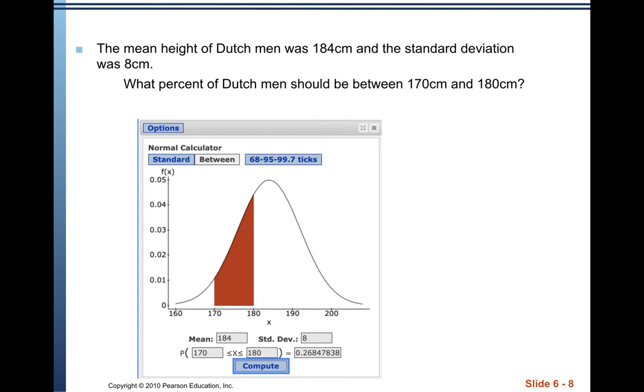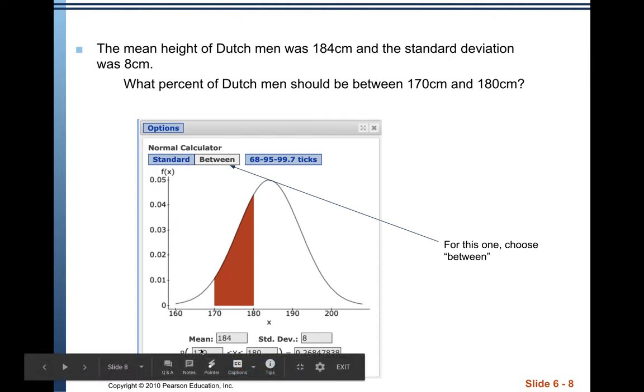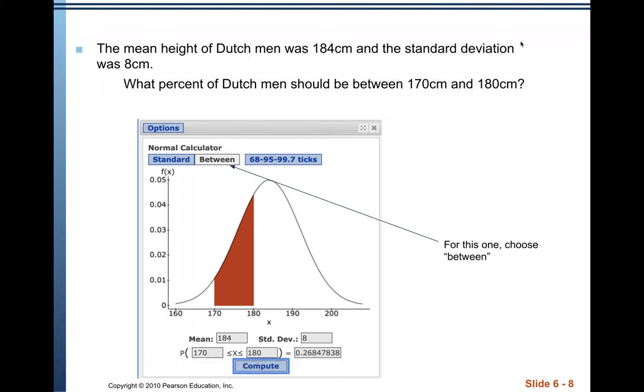When I go to stat, calculators, and normal, because it's asking for the percent that is within a range, I have to click on the tab that says between. When I click on that tab, this comes up down here, so I can type in between 170 and 180, also putting in the mean and the standard deviation.